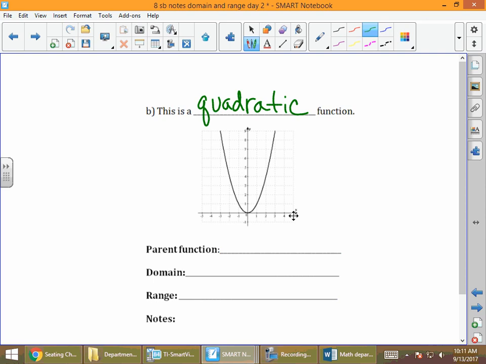Our parent function of a quadratic is y equals x squared. And the nice part here is that we have our graph, so we can identify what is the domain and what is the range. And just as an aside here, is this a function? Yes. Is it one-to-one? No, it's not one-to-one.